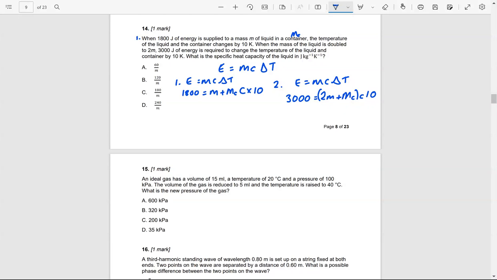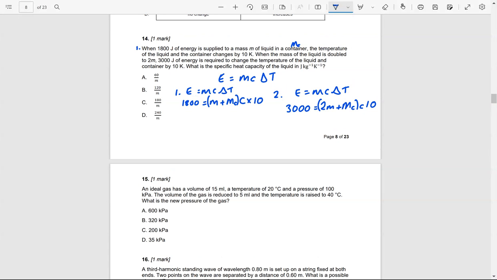So I think what we have to do here is sort out these brackets. So I think what we've got is 1800 equals 10 mc plus 10 mcc. And then over here, we've got 3,000 equals 20 mc plus, I probably shouldn't have used mc, plus 10 mcc.